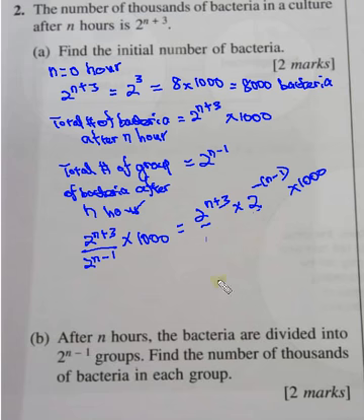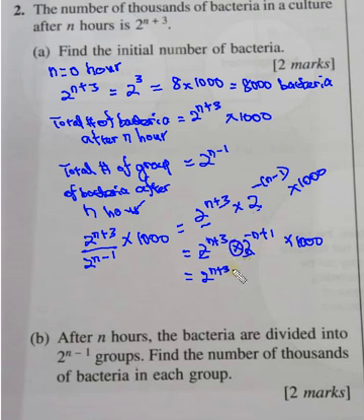So this is equal to 2^(n+3) times 2^(-(n-1)). Minus times n becomes minus n, minus times minus becomes plus 1, times 1,000. Since they have the same base of 2, let's combine. Since this is multiplication, the exponents add: 2^(n+3-n+1) times 1,000.